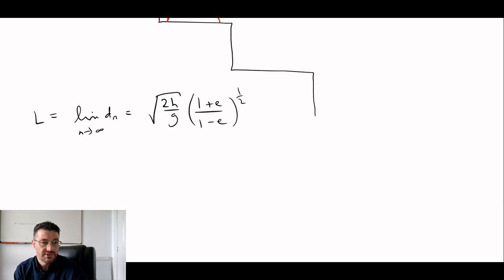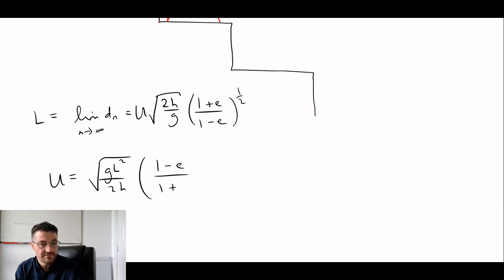So therefore, rearranging this, we get u is equal to the square root of gL squared over 2h times 1 minus e over 1 plus e to the power of a half, which is exactly what we needed.